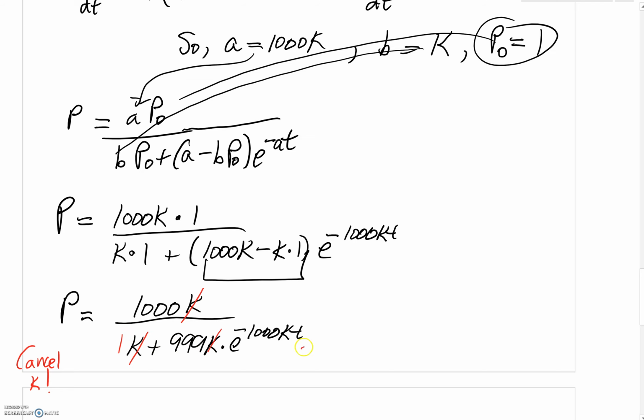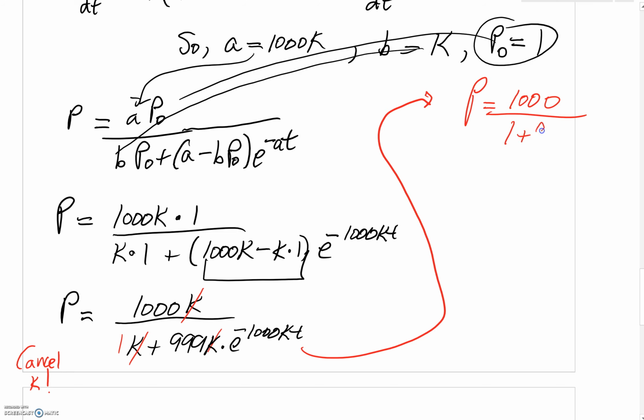Very quickly, let me just recopy that up here. You're going to have P is equal to 1,000 all over 1 plus 999 e to the negative 1,000 kt. So it's at this point where we practically have a population equation.